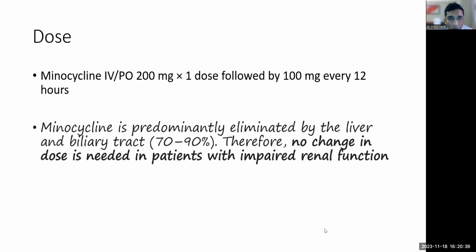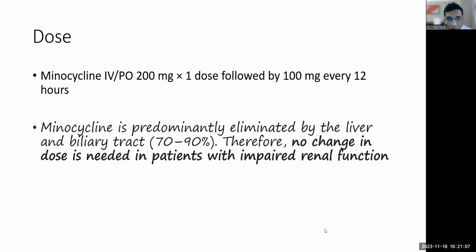How do we give it? The loading dose is 200 milligrams BD on the first day, and from the second day 100 milligrams twice a day. It is predominantly eliminated by the liver and biliary tract, so it doesn't require renal dose adjustment. But we have seen a few cases of minocycline-induced renal injury.